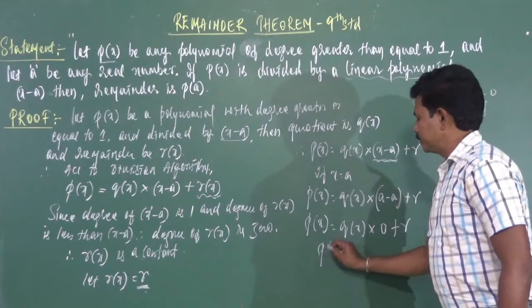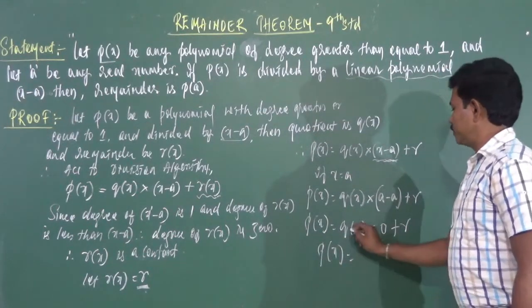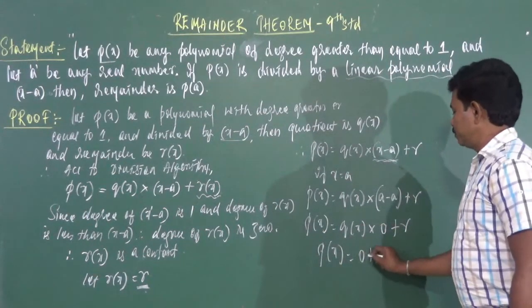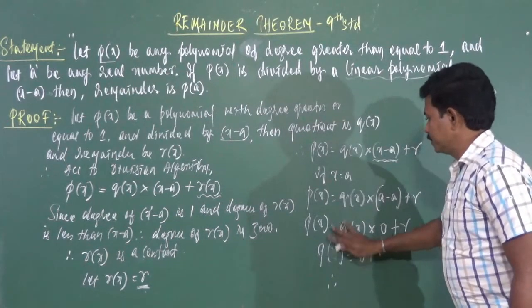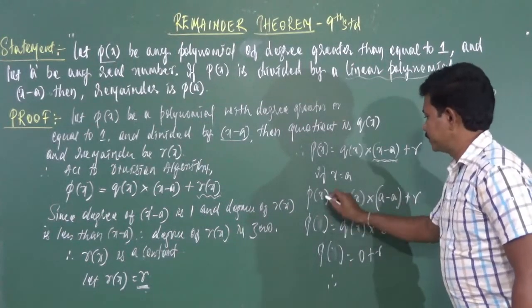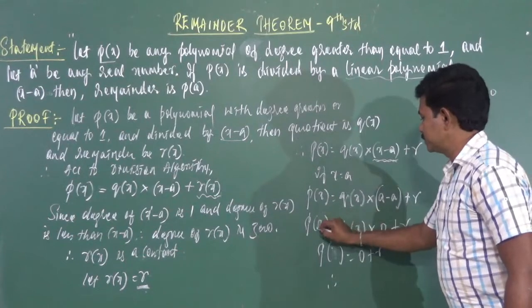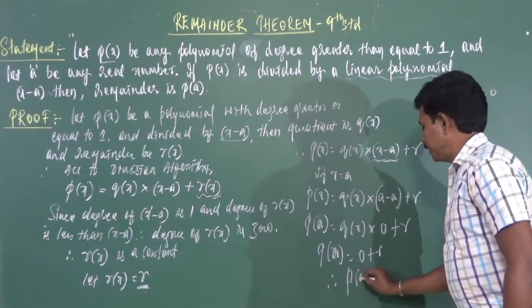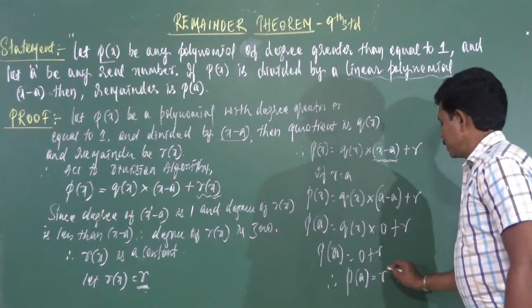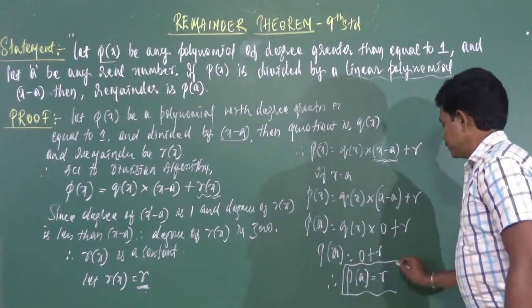So we are left with q of x into 0, which is 0, plus r. So as we are substituting a in the place of x, it becomes p of a. So therefore p of a is equal to r.